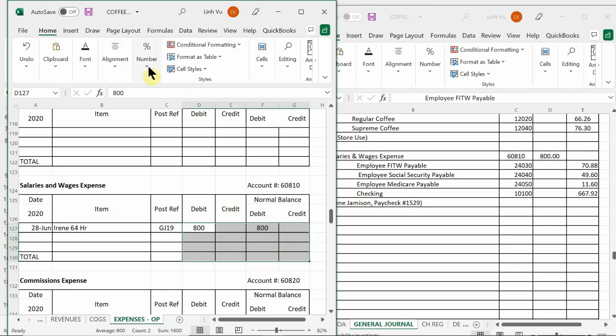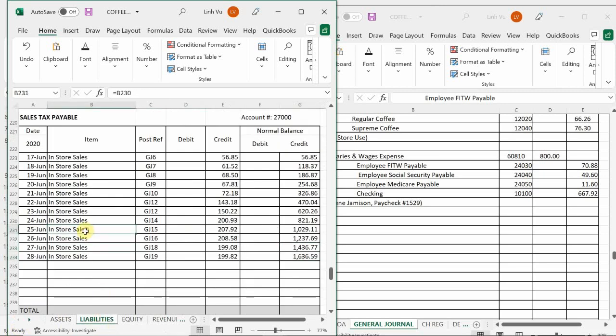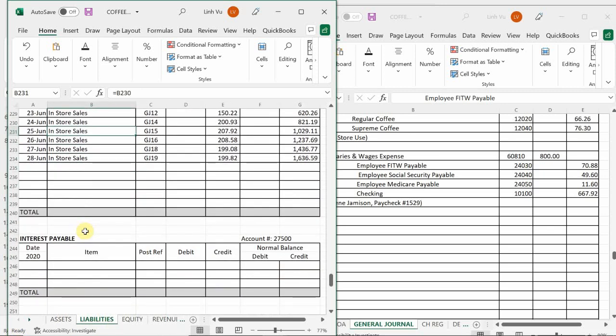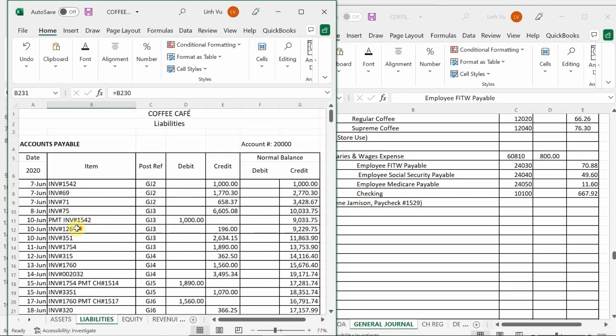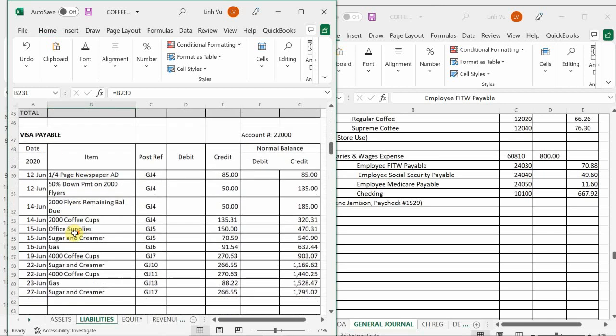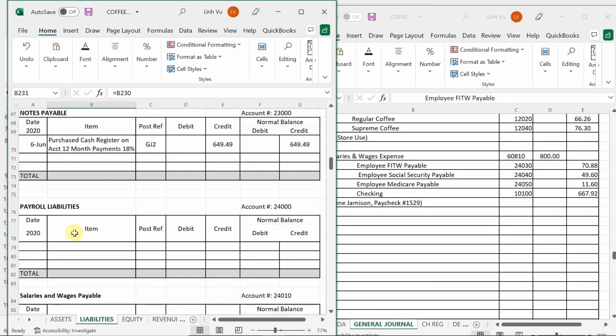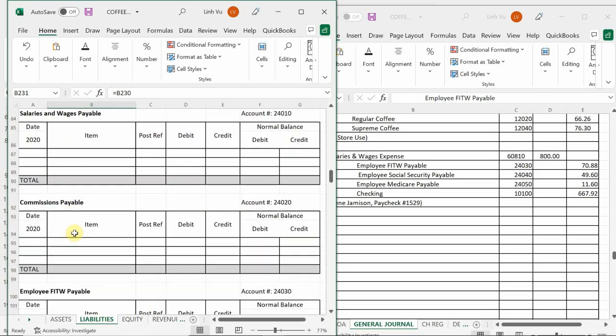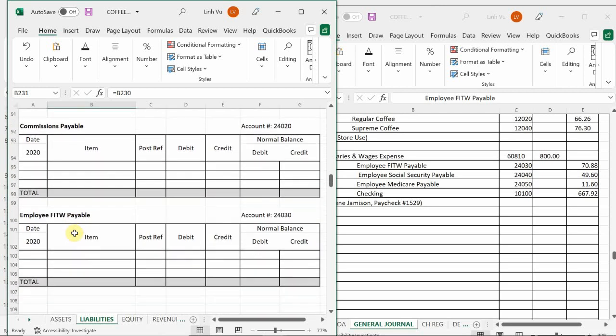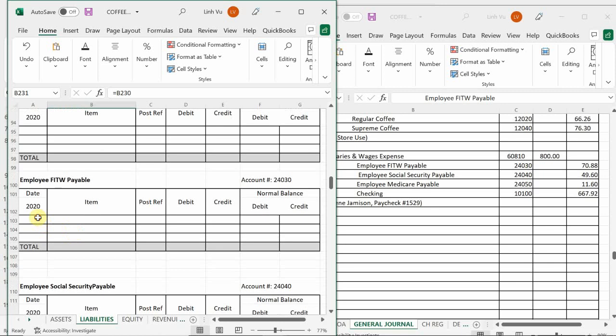All right, and now we need to distribute all the federal taxes that she's subject to pay through her liabilities. So now we're going to finally tap into the payroll liabilities section of the liabilities, okay? Again, the first one we're tapping into is going to be employee FITW, which in this case is for Irene.